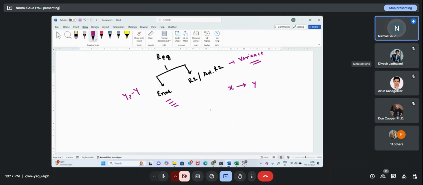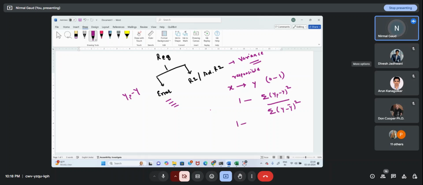How much these features are responsible for predicting the value of Y. That is R2. Its reference range is 0 to 1. The formula for R2 is 1 minus summation of (yp minus y) squared divided by summation of (y minus y bar) squared.